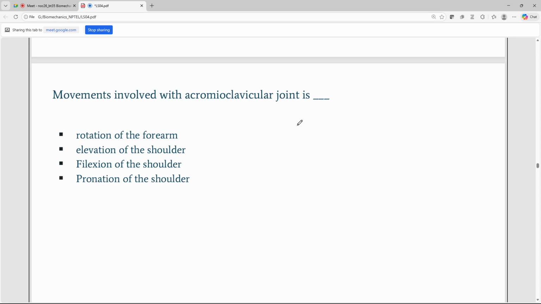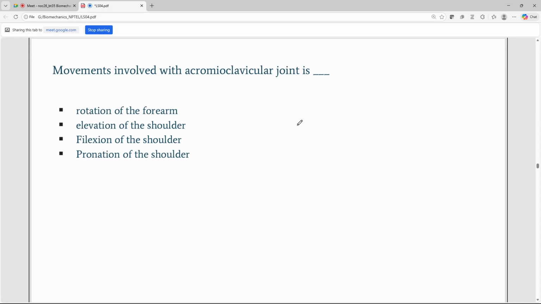Movements involved in the acromioclavicular joint. The options are rotation of the forearm, elevation of the shoulder, flexion of the shoulder, and pronation of the shoulder. Which of the following movements are involved with the acromioclavicular joint?